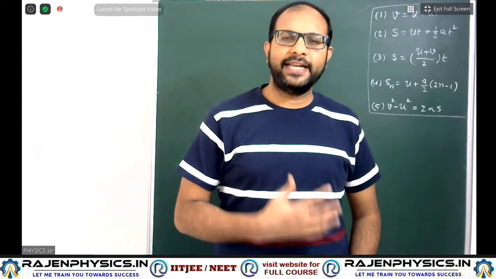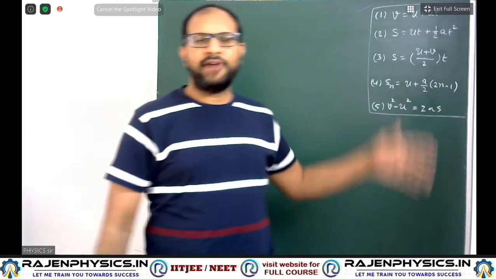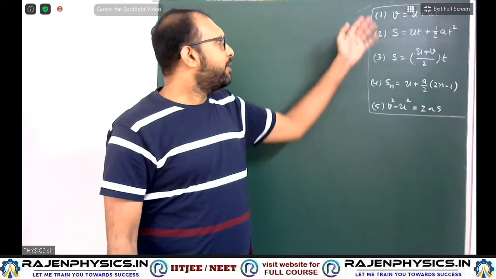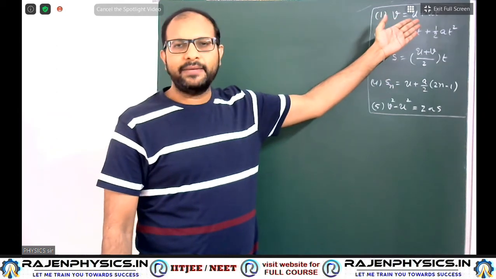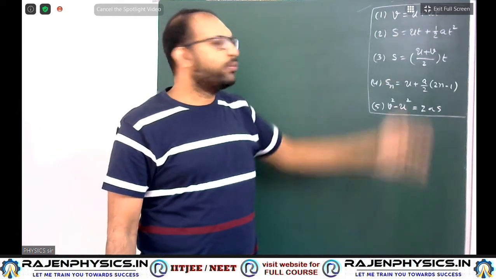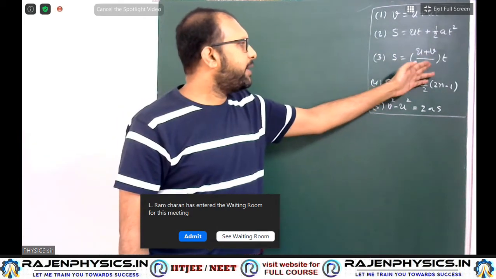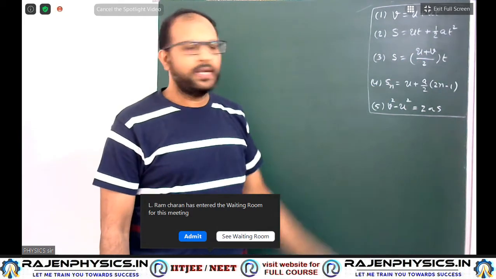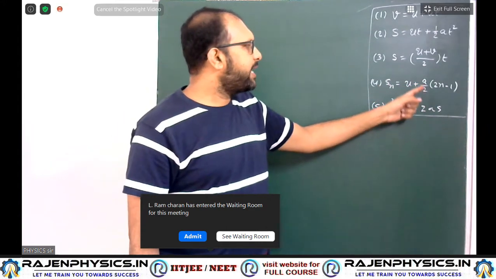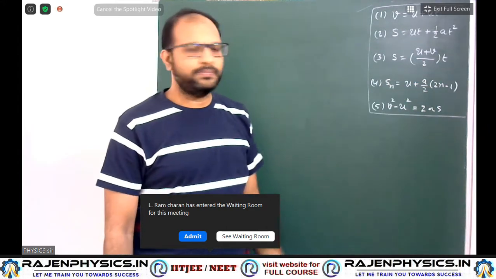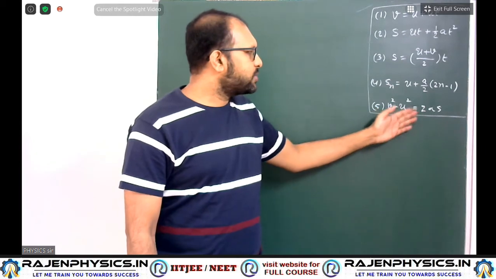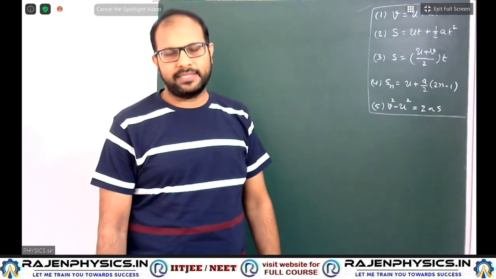But before entering into that, these 5 equations one more time: v equal to u plus at, s equal to ut plus half at square, s equal to (u plus v) by 2 into t, s_n equal to u plus a by 2 (2n minus 1), and v square minus u square equal to 2as.